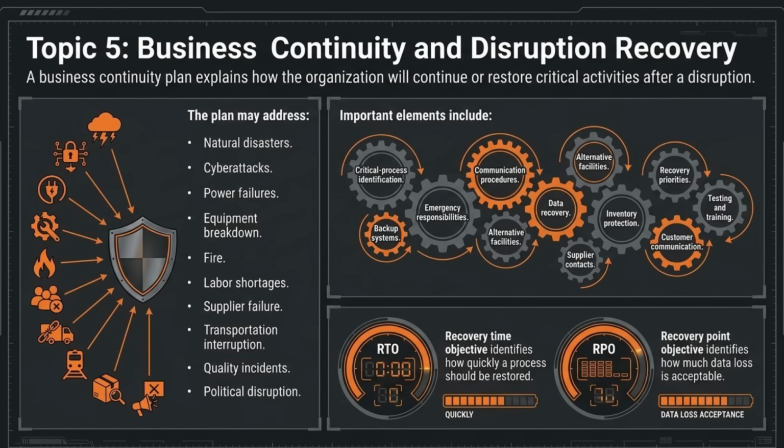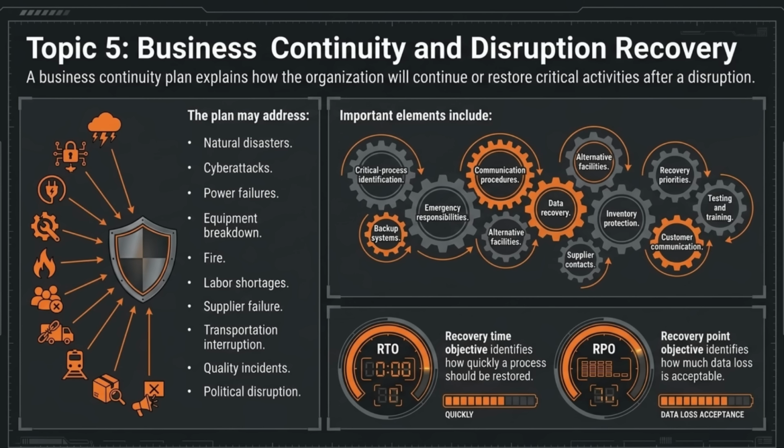Topic 5. Business continuity and disruption recovery. A business continuity plan explains how the organization will continue or restore critical activities after a disruption. The plan may address natural disasters, cyber attacks, power failures, equipment breakdown, fire, labor shortages, supplier failure, transportation interruption, quality incidents, political disruption.